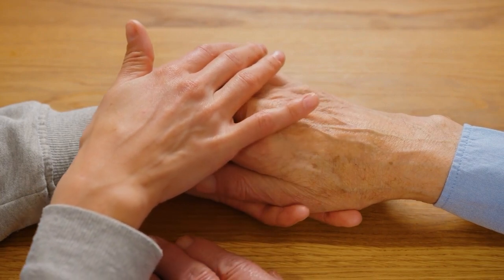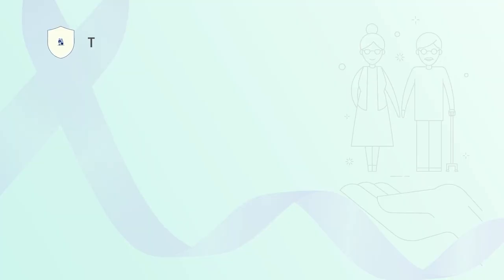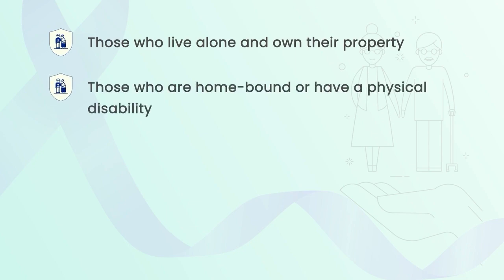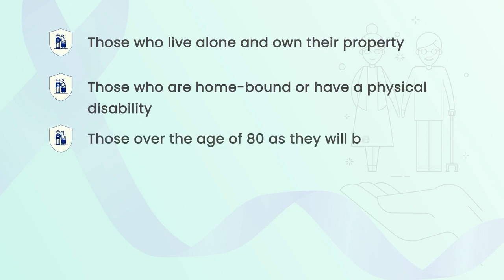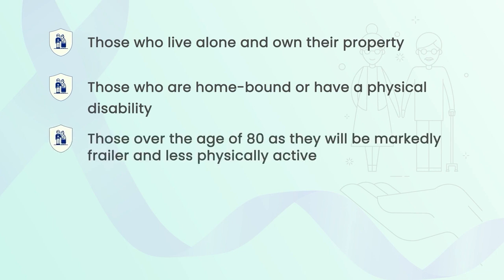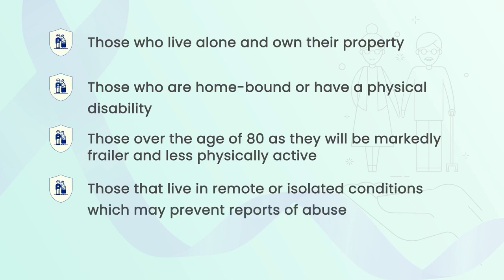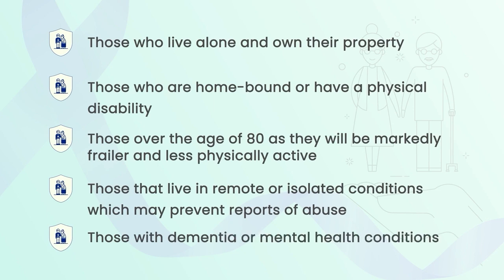Particular attention should be given to those who live alone and own their property, those who are homebound or have a physical disability, those over the age of 80, as they will be markedly frailer and less physically active, those that live in remote or isolated conditions which may prevent reports of abuse, and those with dementia or mental health conditions.